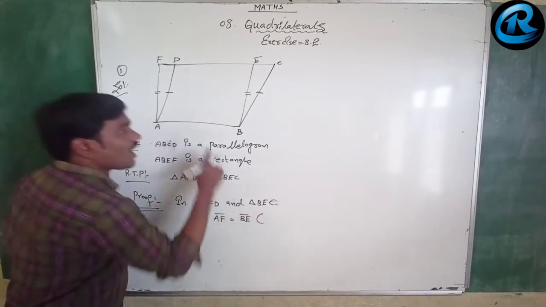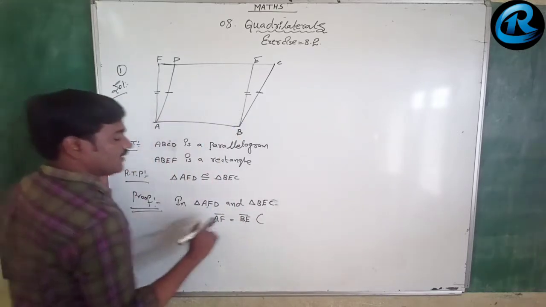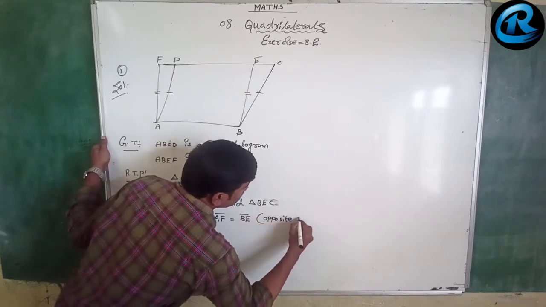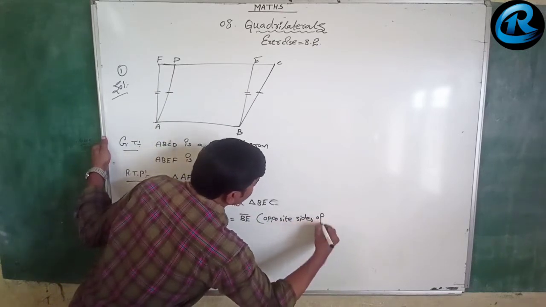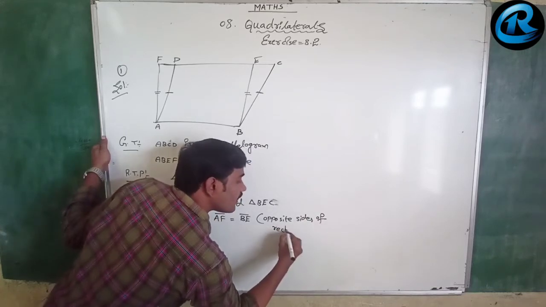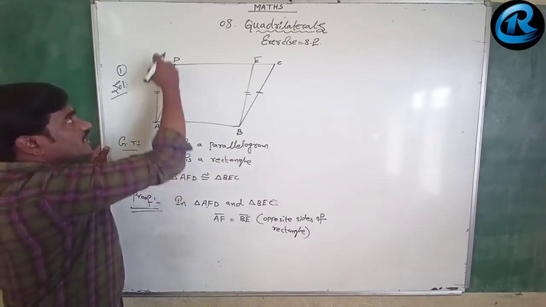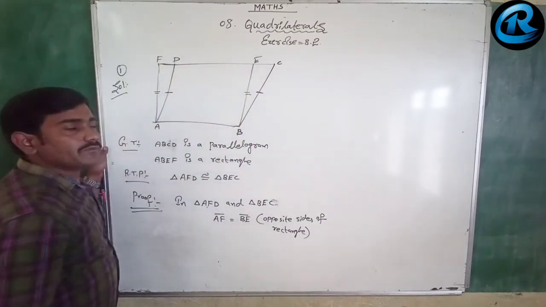How? Because they are opposite sides of a rectangle. So here AF is equal to BE.